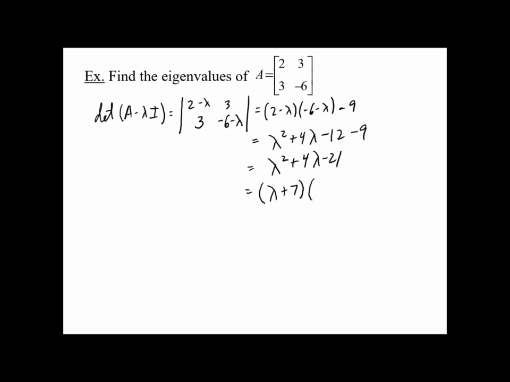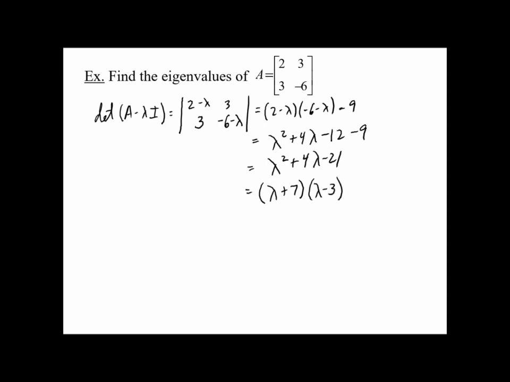So 2 minus lambda times negative 6 minus lambda, minus 9. Let's clean this up. So we get lambda squared plus 6 minus 2, so plus 4 lambda, minus 12 minus 9. So we get lambda squared plus 4 lambda minus 21. We can factor this as lambda plus 7 times lambda minus 3.